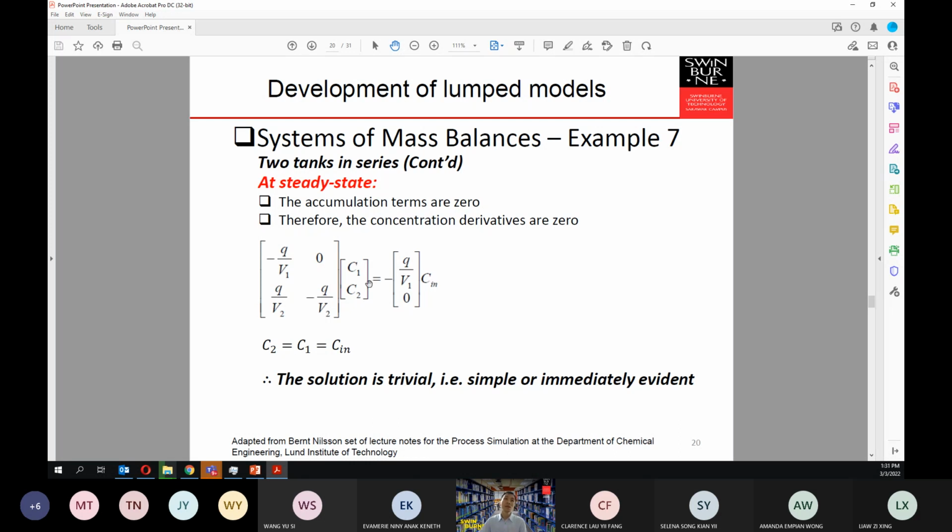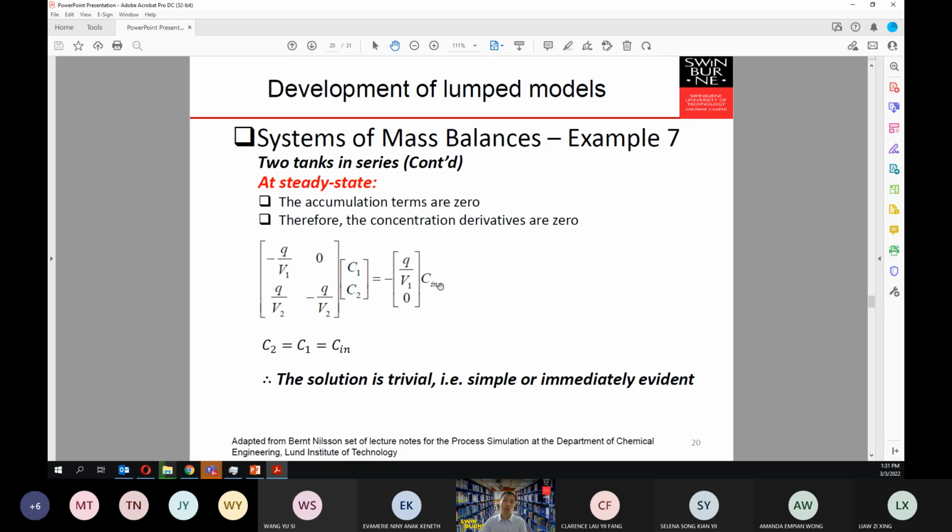Okay. Then the second row basically will be q over V2 multiplied by C1 plus minus q over V2 multiplied by C2 is equal to 0. So in essence, this implies that C1 will be equal to C2.